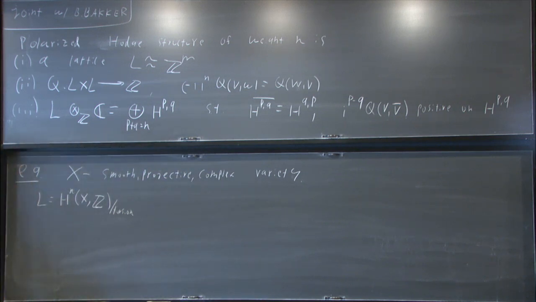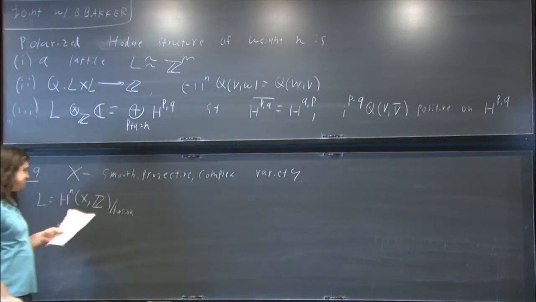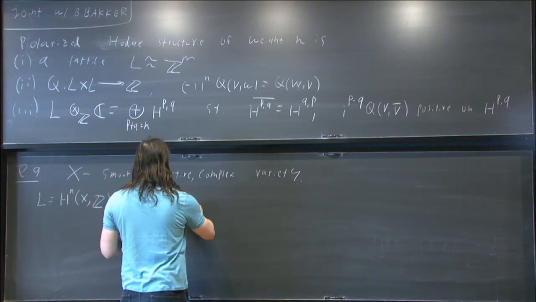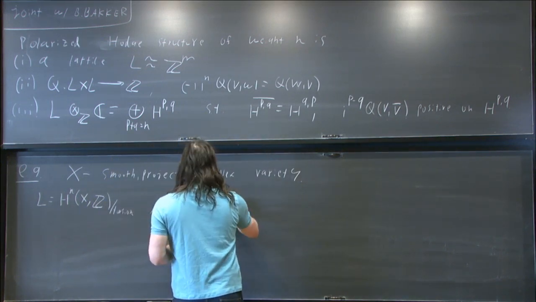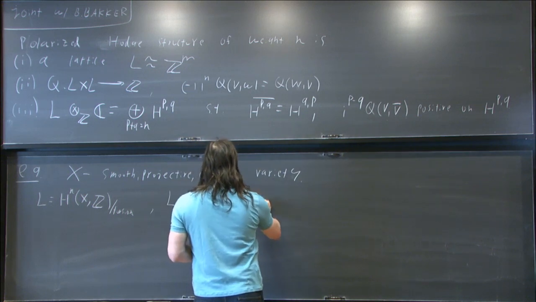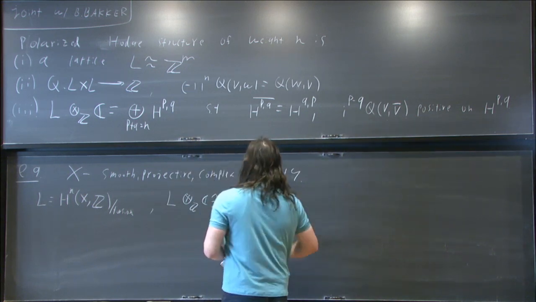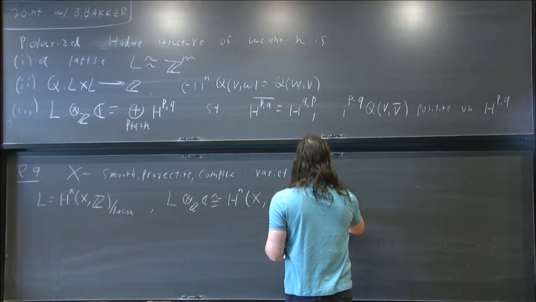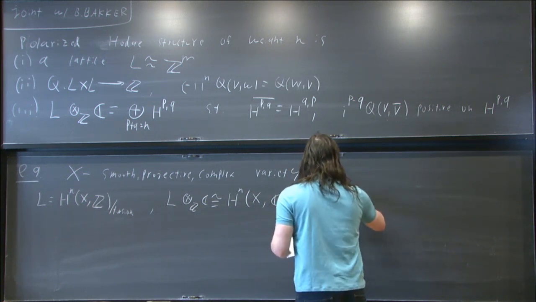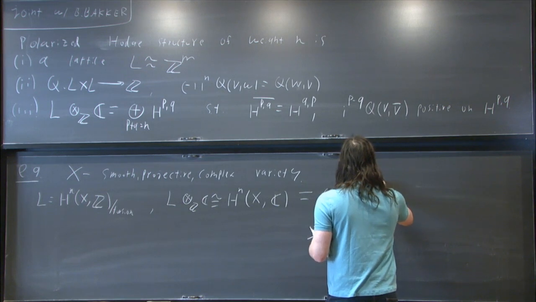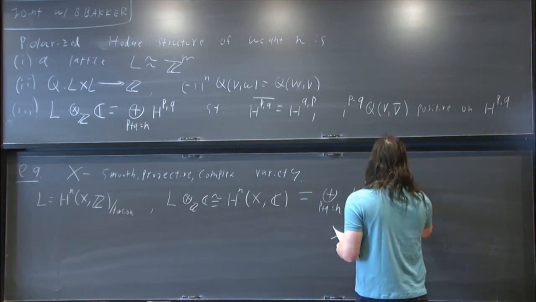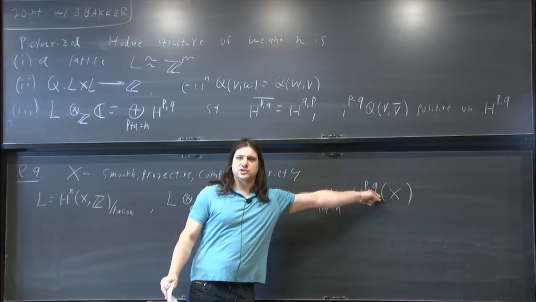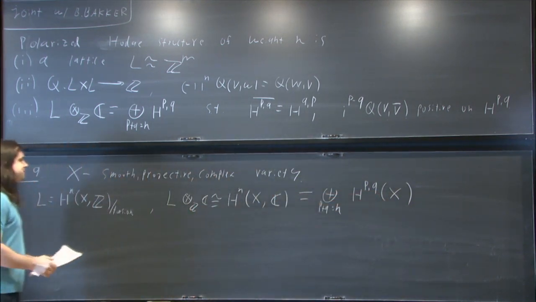We don't want any torsion pieces, we want a free abelian group. If we tensor with the complex numbers, we just get the usual cohomology with complex coefficients. And then we have a Dolbeault decomposition given with respect to p holomorphic, q anti-holomorphic forms.